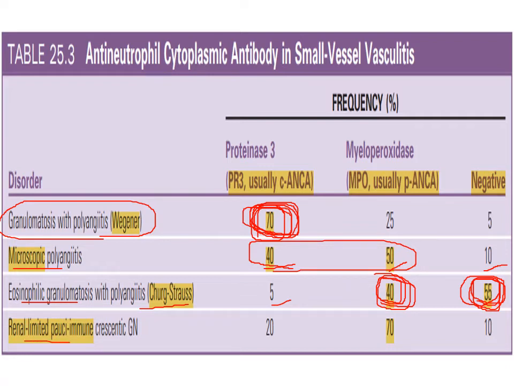Renal limited vasculitis. What is meant by renal limited immune vasculitis? It means that the patient has vasculitis, small vessel vasculitis, only in the vessels of the kidney without systemic manifestations.